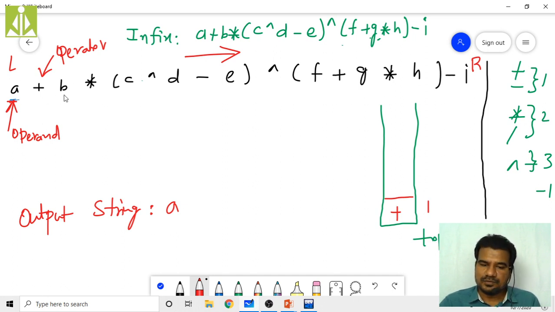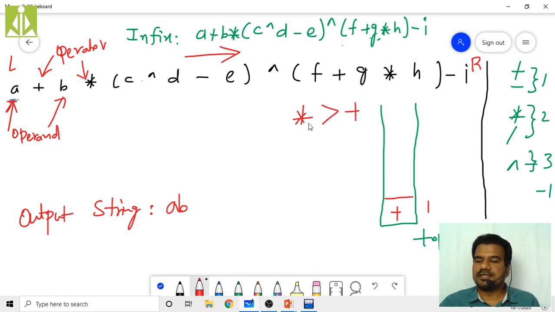Then again we have B, this is an operand only. So what we have to do? Add it to the output string, B. Next again we have an operator, the multiplication operator. Check the precedence of this star as well as the operator existing in the stack.